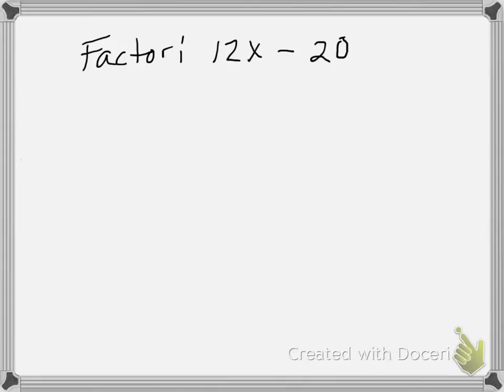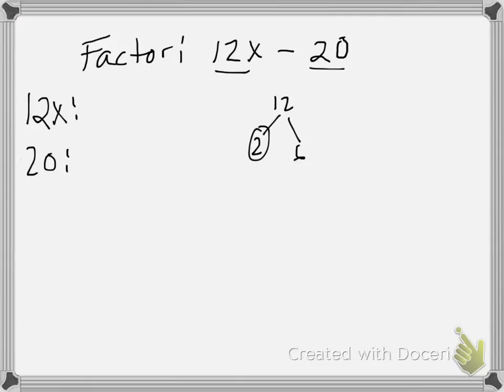Well, let's get started. So I'll rewrite each of my terms over here, and I have 12x and I also have 20, and then I'll do some factor trees to figure those out. So for 12 I could factor that with 2 and 6. 2 is prime, and 6 I could factor with 2 and 3. Each of those are prime.